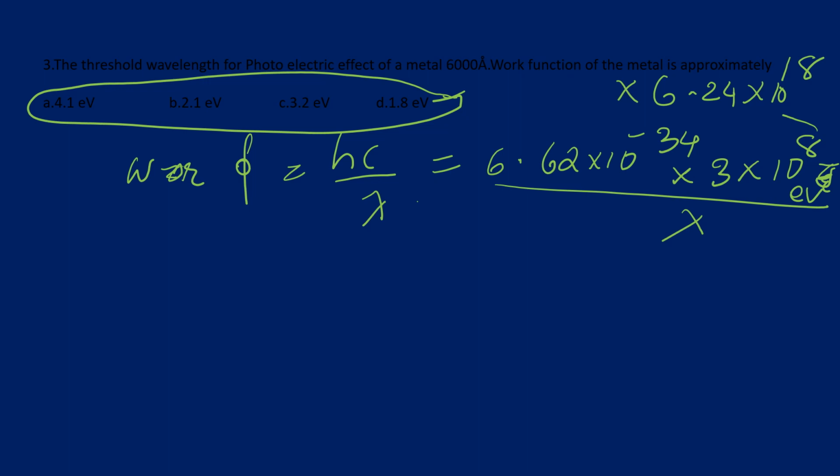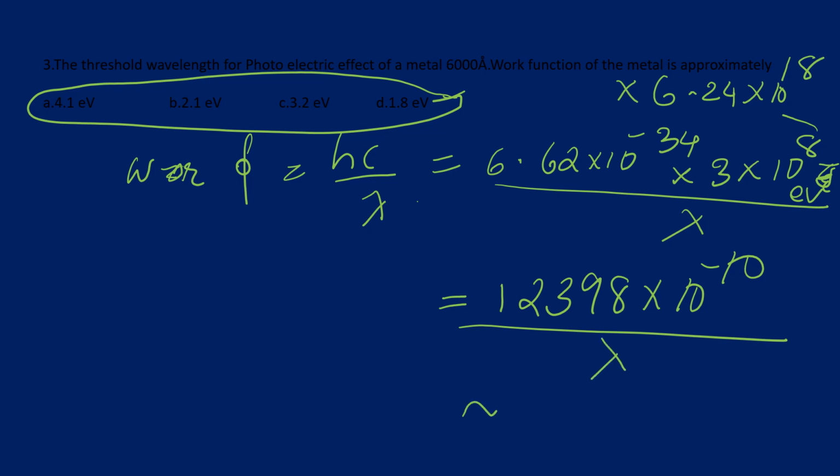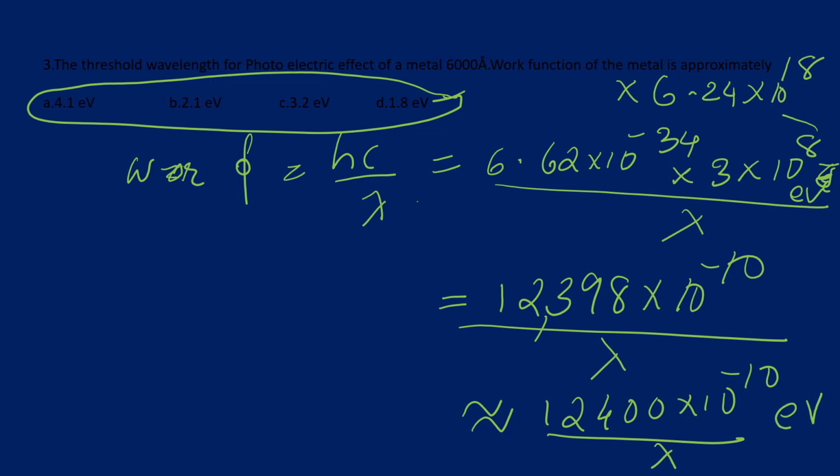When you calculate this, you will get 12398 into 10 raised to minus 10 divided by lambda, or approximately 12,400 into 10 raised to minus 10 divided by lambda in electron volt. You can remember this equation and directly put the value of lambda here.